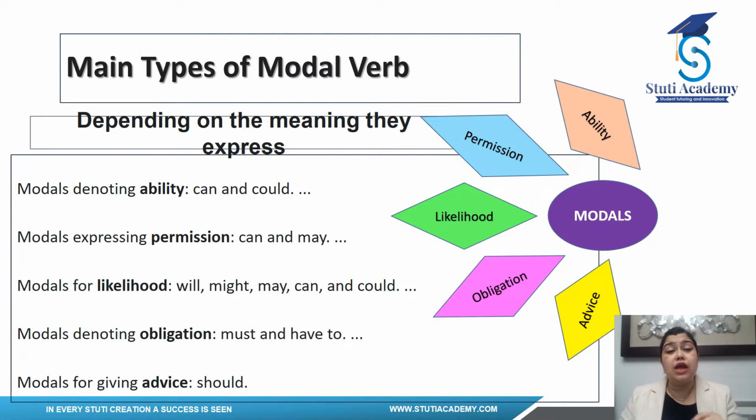Then you have obligation. Obligation is something that you are obliged to do, so must and have to. And modal verbs like advice, like should. So these are the different meanings that these modal verbs express.